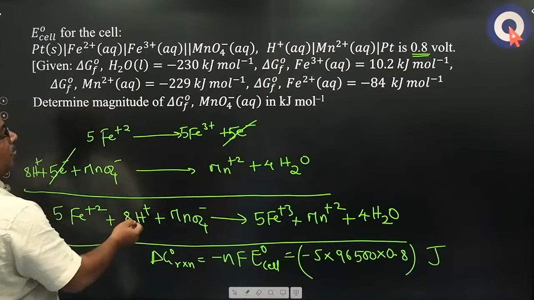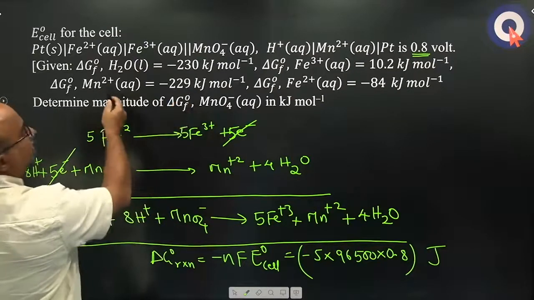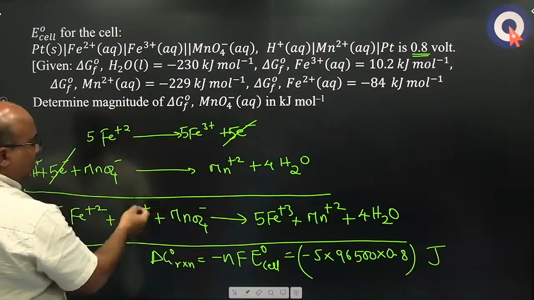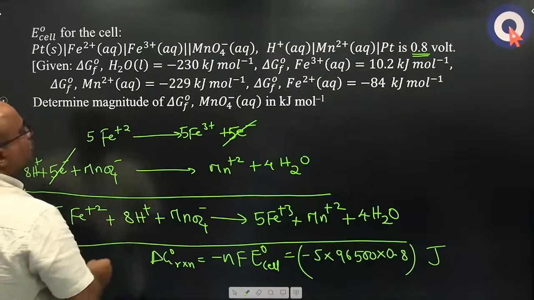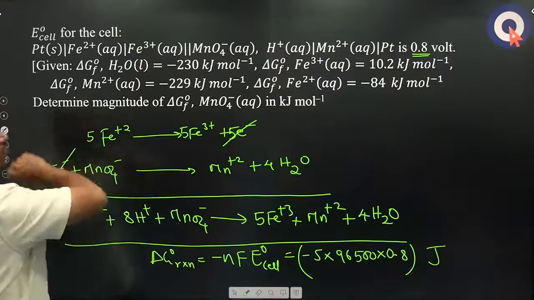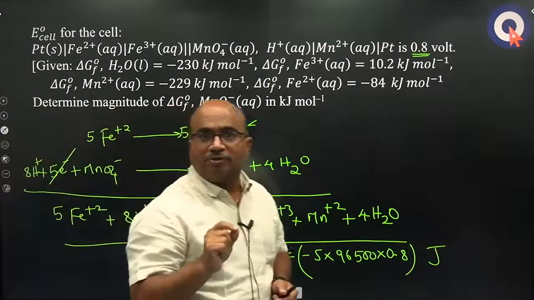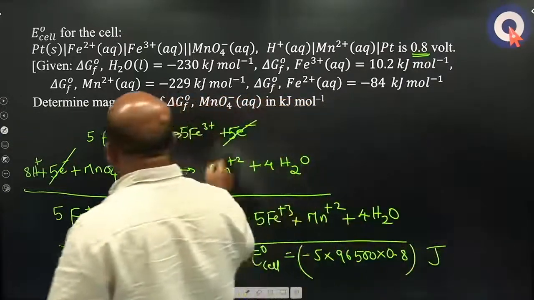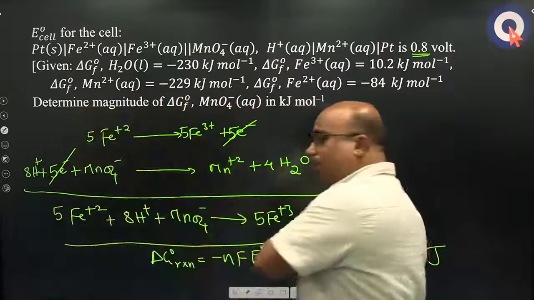H plus, directly you can take, the delta G naught of formation of the standard H plus is 0, and delta G naught of Fe plus 2 is minus 84. So all the values are given there.